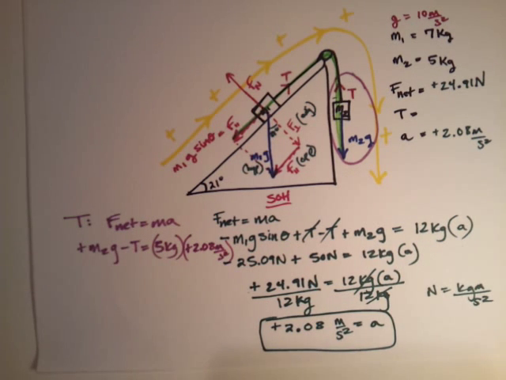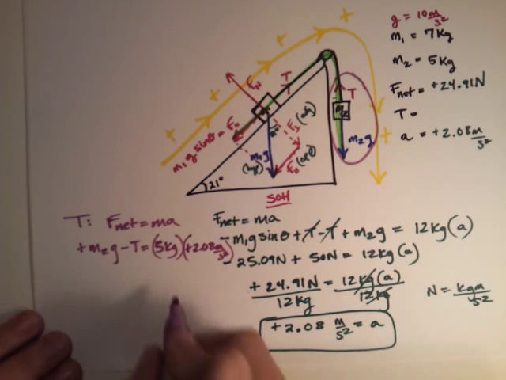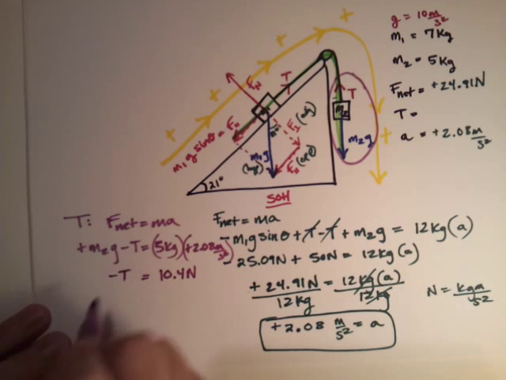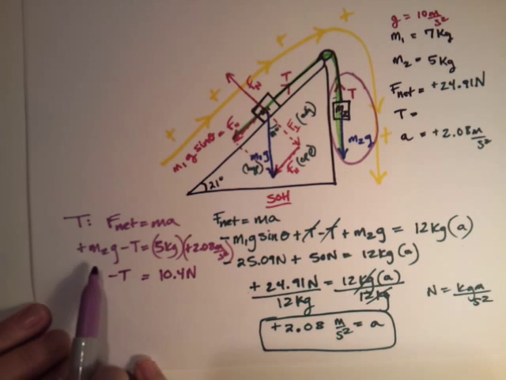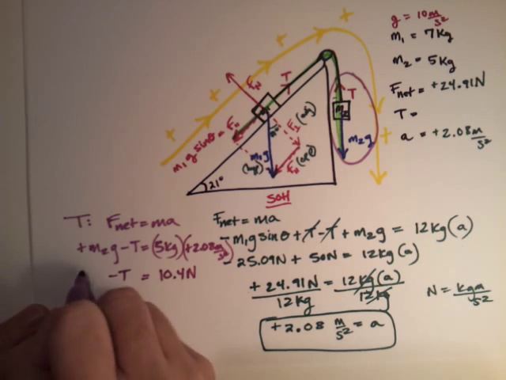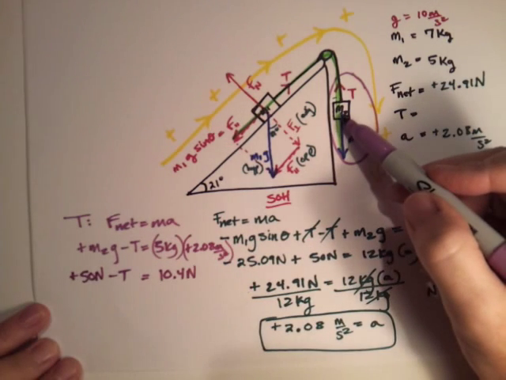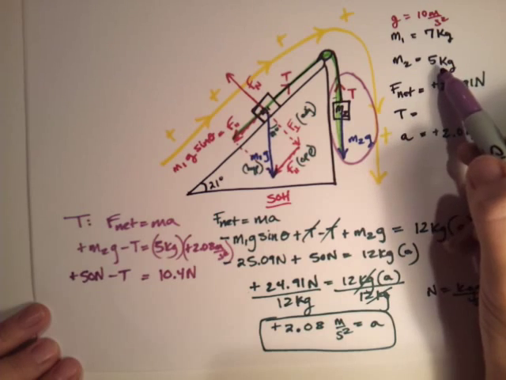So that's going to be close to, this should be 10.4, but let me just double check. Haven't had coffee yet. So 10.4 newtons equals negative T. And we already found the weight of this object is 50. So that's positive 50 newtons, right? 5 times 10.